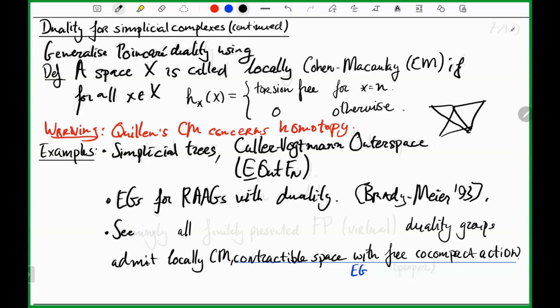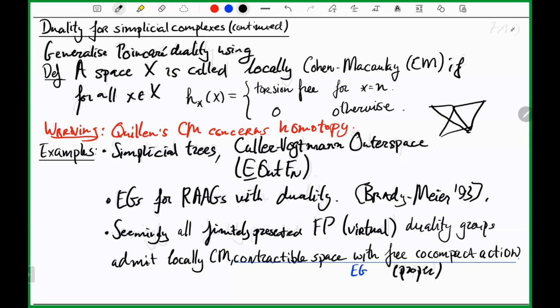And the thing you can notice is that seemingly all finitely presented virtual duality groups have a locally Cohen-Macaulay contractible space with a free cocompact action. So that's another way of saying EG, and if you want to look at virtual duality groups, you need to add in the word proper.